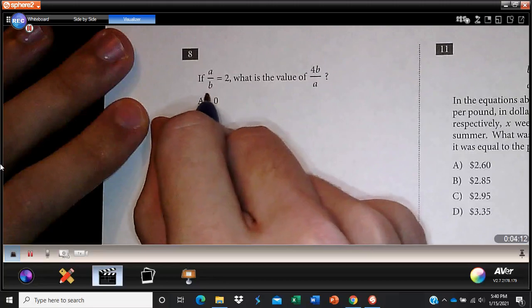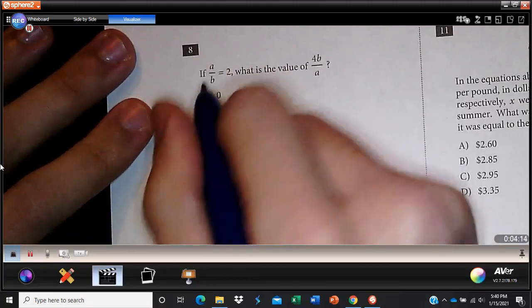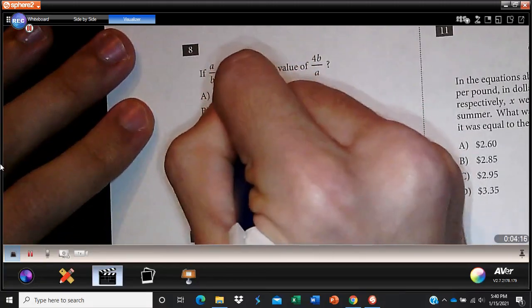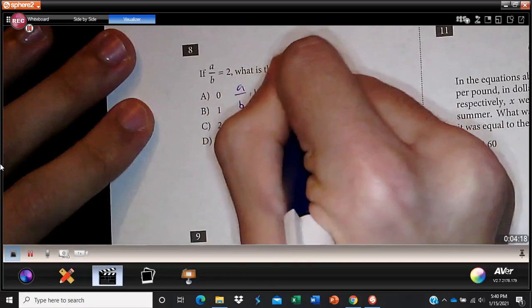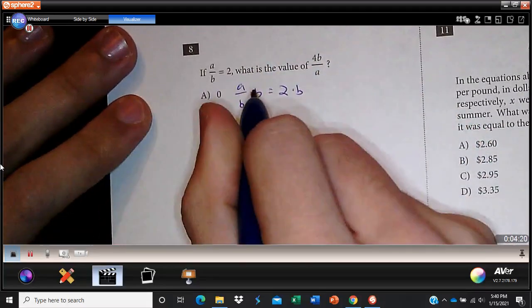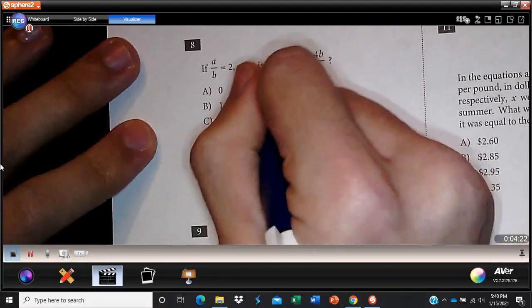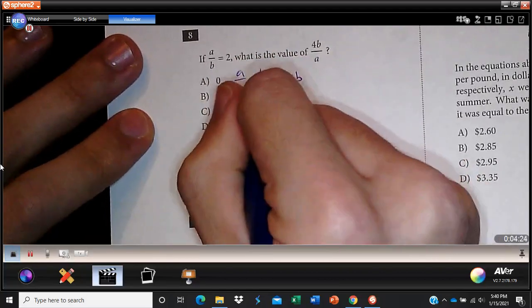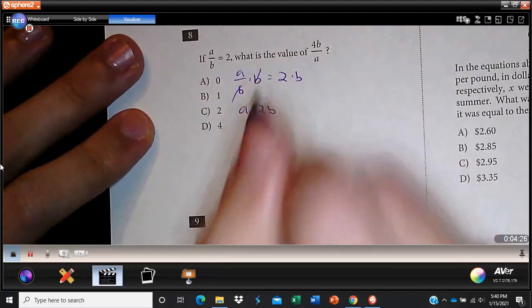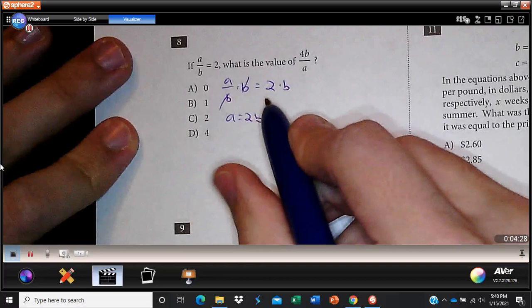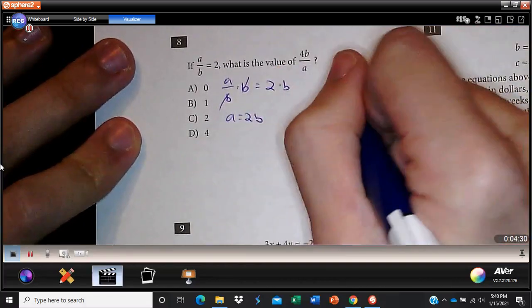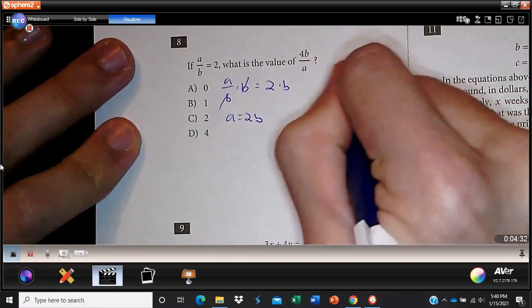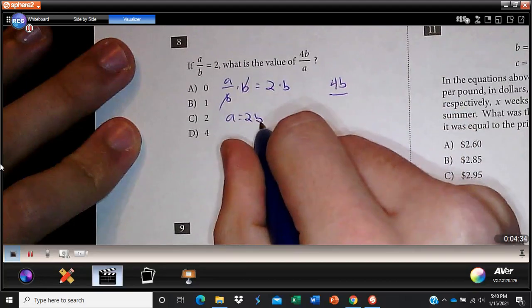Well, it's being divided by b, so I'm going to multiply both sides by b. So a over b times b is equal to 2 times b. That's after multiplying both sides by b. Then the b's are going to cancel out, so I get a is equal to 2b. Okay, so far so good. And I have 4b over a, which is 2b.